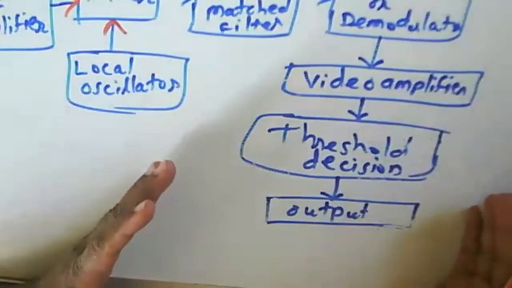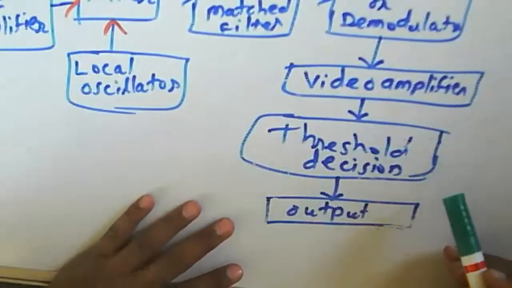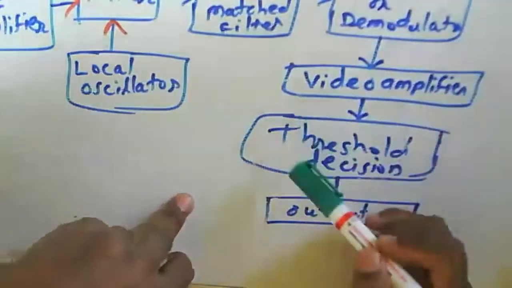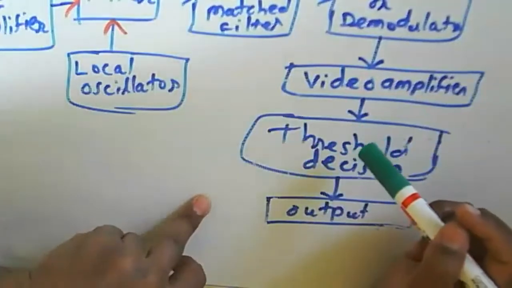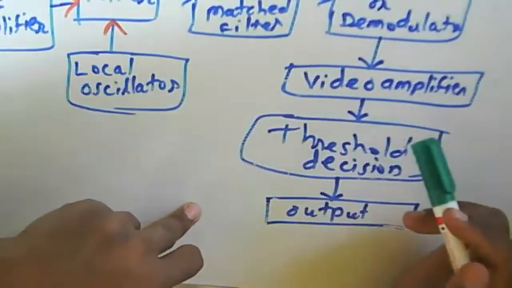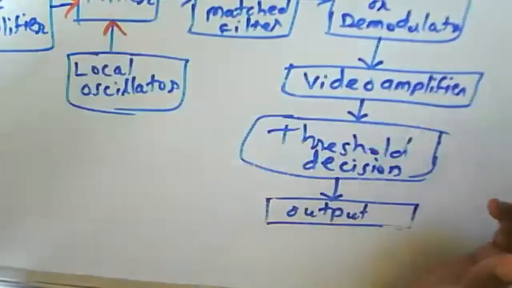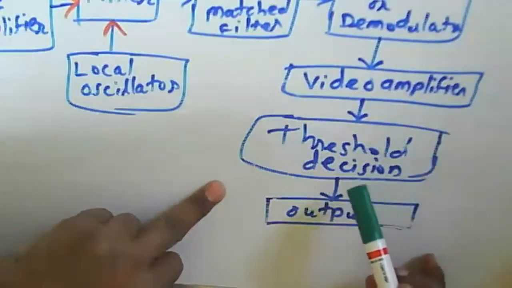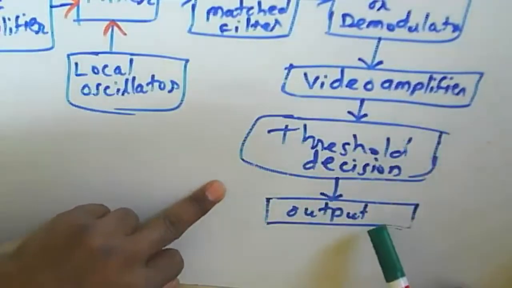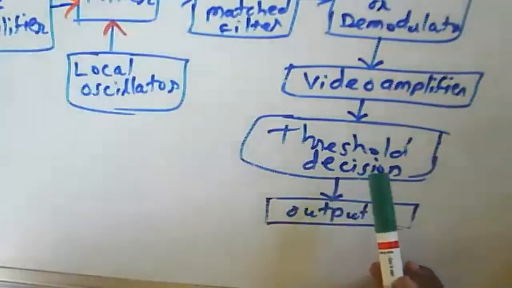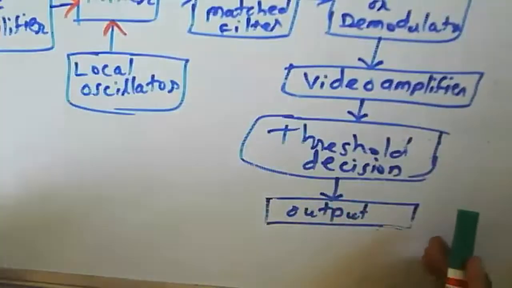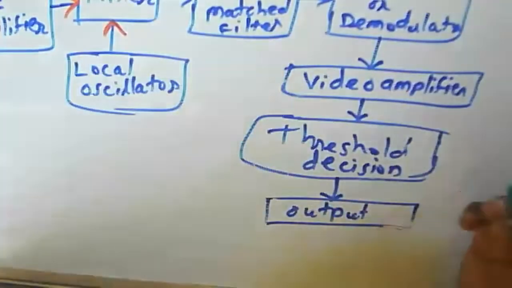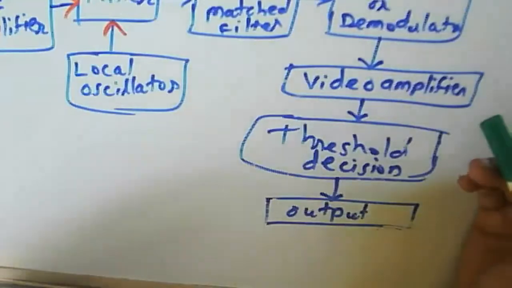Now, apart from this, whatever signal we are receiving is also processed by the signal processor. So other devices and components are present in the radar, and then we have the output. That output is displayed on the display devices. In old radars, there was a CRT.